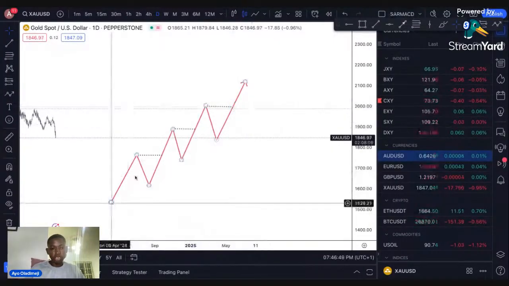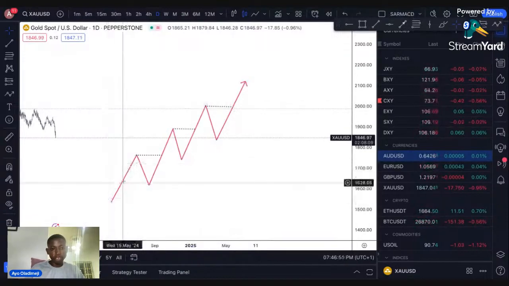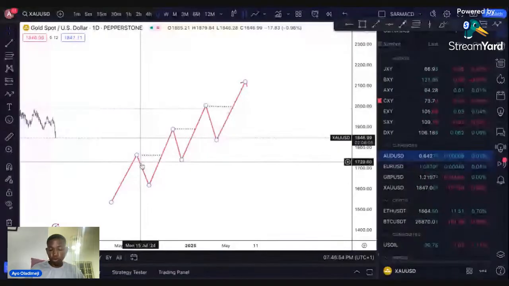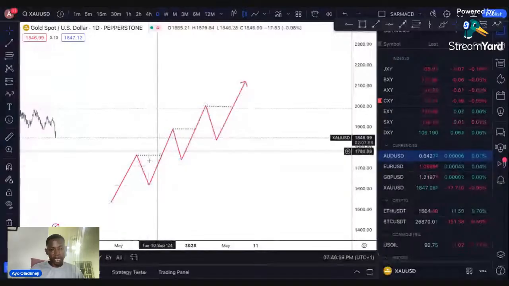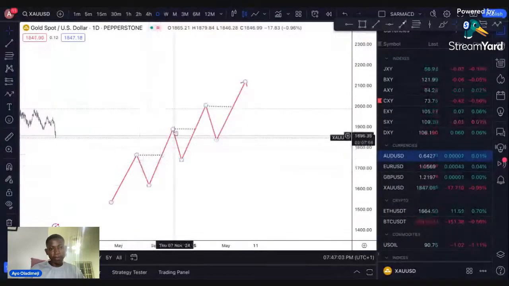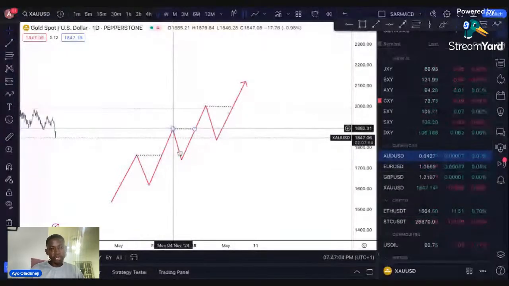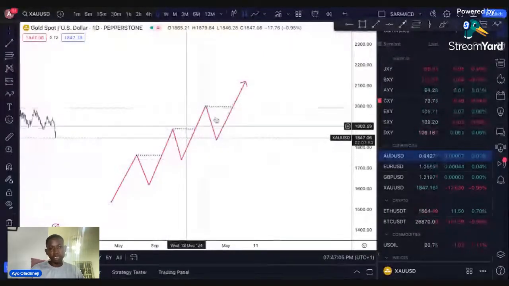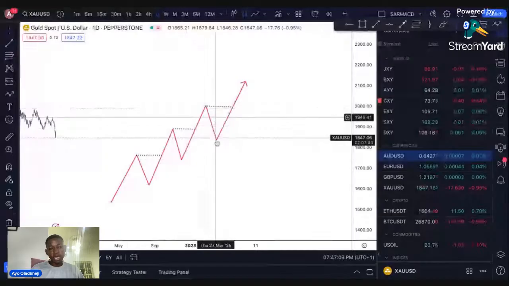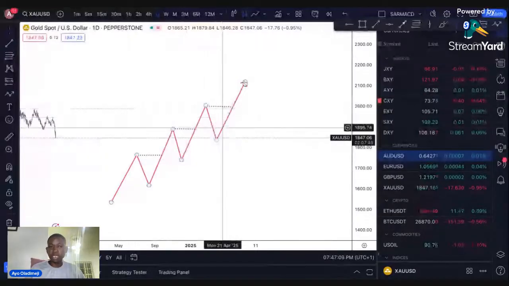This was the first impulse that created this high. Then the market pulled back, corrected. We have this pullback, and then the next impulse broke this high, and then the market corrected. Then the next impulse broke this high, then the market corrected again, and then the next impulse breaks this high. So that is how you see an uptrend.